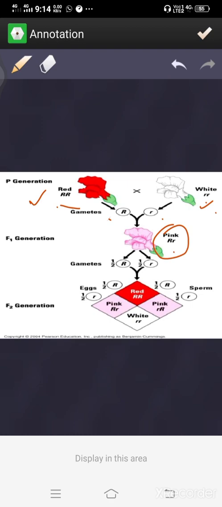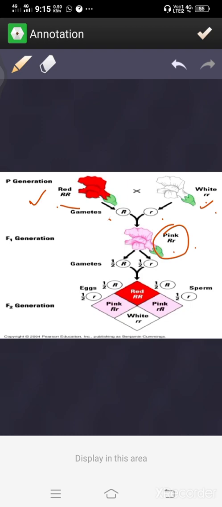Capital R, small r has to actually code for a heterozygous red flower in the F1 generation according to Mendel and the law of dominance. But here, out of the box, it gets another color called pink: capital R, small r, the flower will be pink.